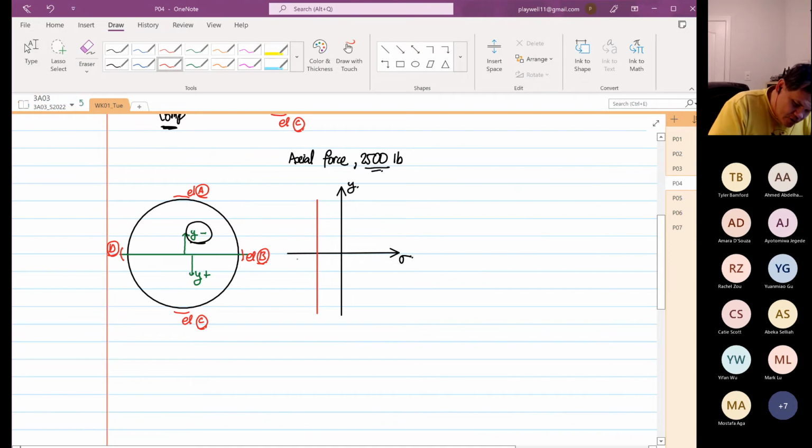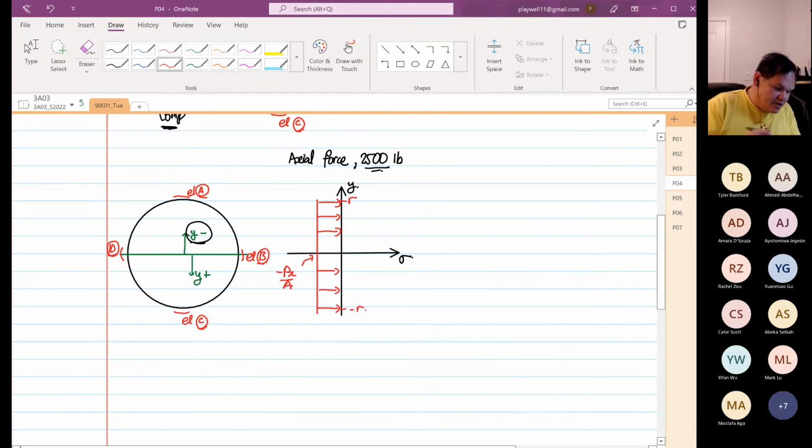This is equal to minus Px over A. So the structure is going through compression. At this point will be the maximum radius, and at this point will be my minimum radius, or my positive negative radius.